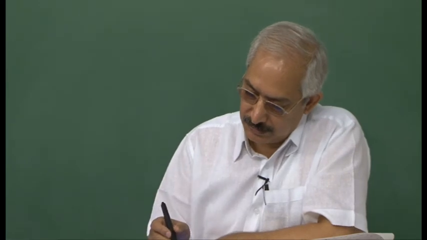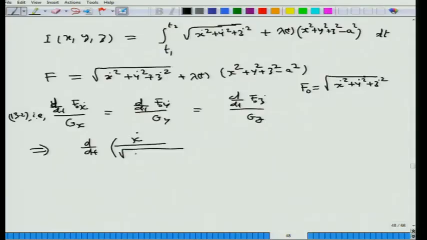So, we get this x dot over x dot square plus y dot square plus z dot square, d by dt of this, and over this we have gx, which is this one. Lambda t is gone anyway, only gx is this one.